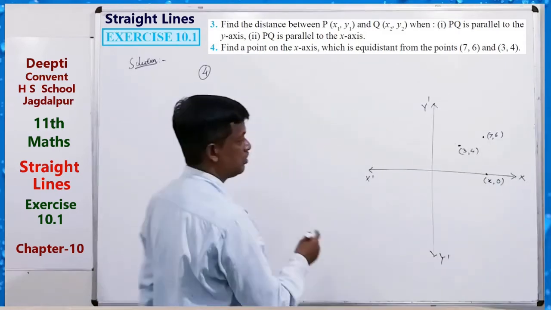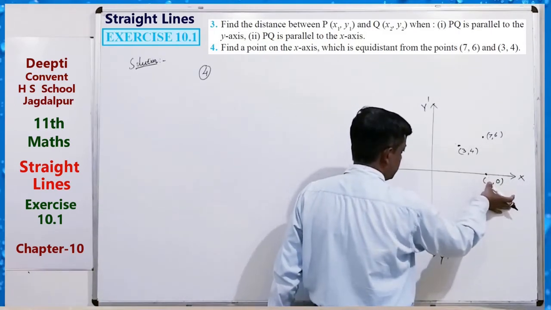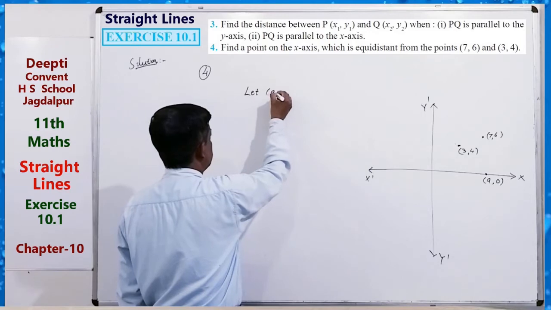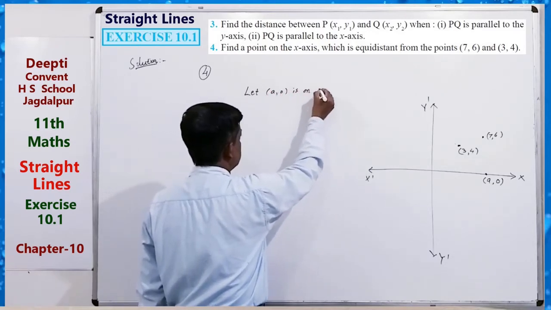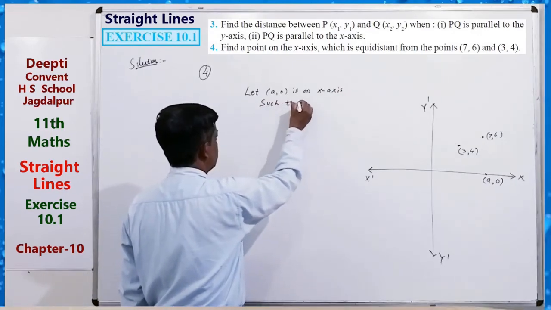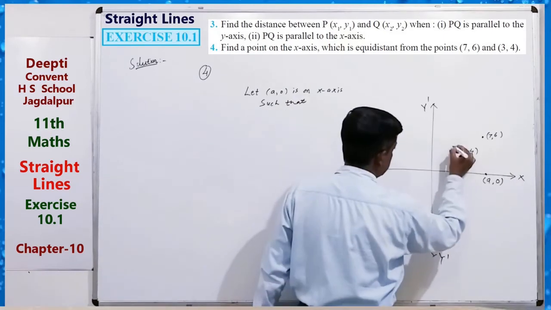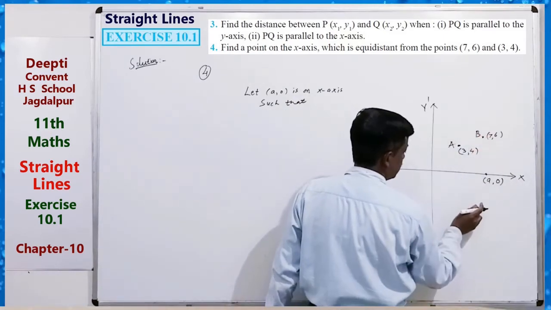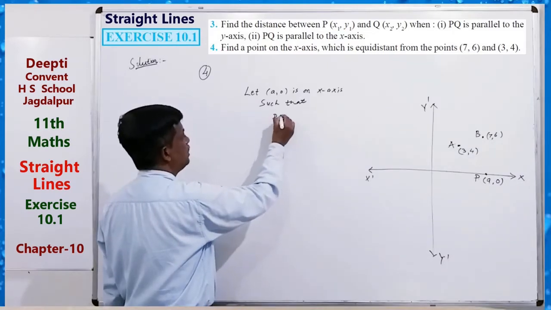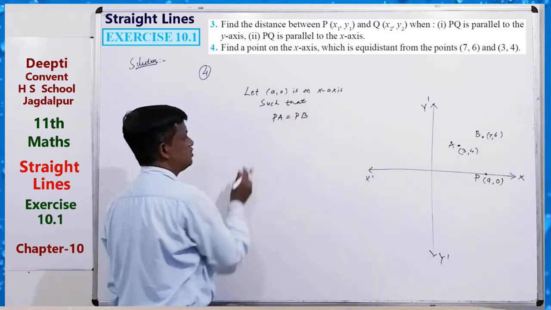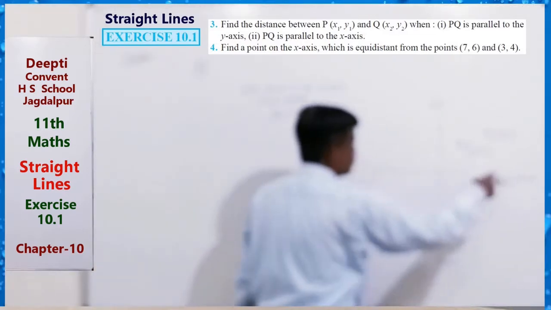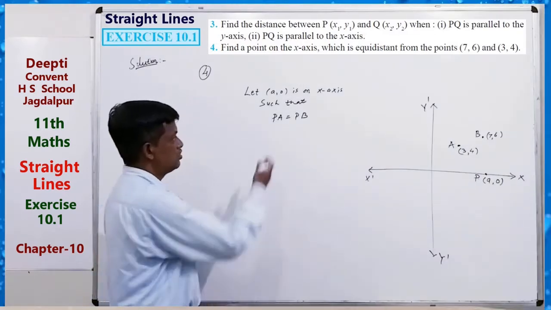So take a point (a, 0) on the x-axis, such that, with A and B the given points and P our required point, PA equals PB, just equidistance. A point on the x-axis equidistant from (7, 6) and (3, 4). So this is it.